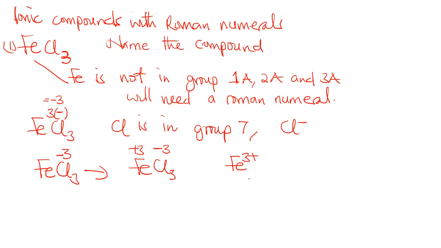And this kind of Fe is known as iron 3. So the compound itself will be iron 3 chloride. You need to make sure that if it's not in group 1A, 2A, or 3A, you need to find the number that you want to put there.